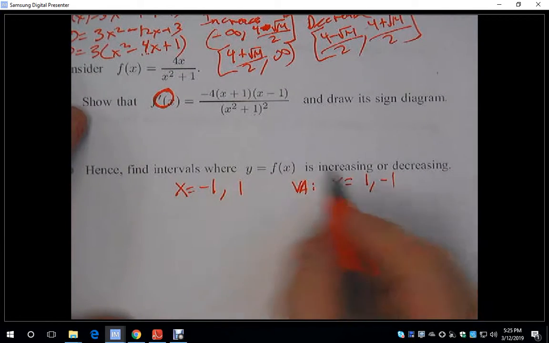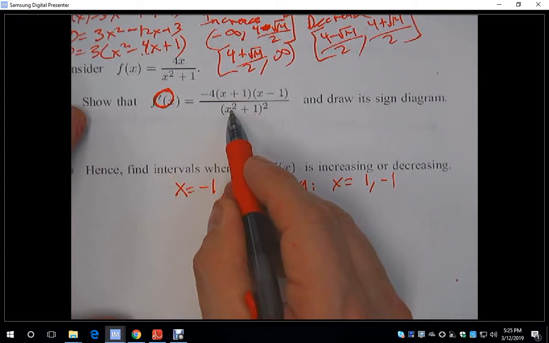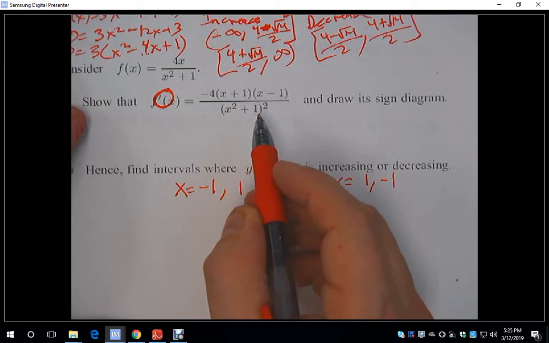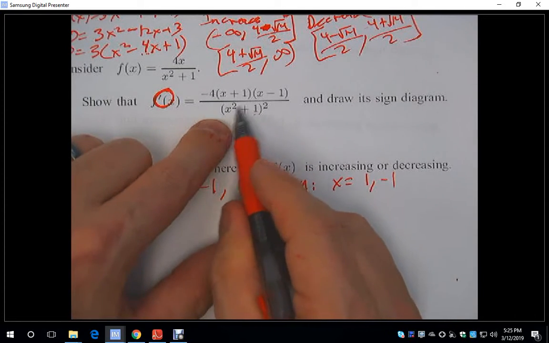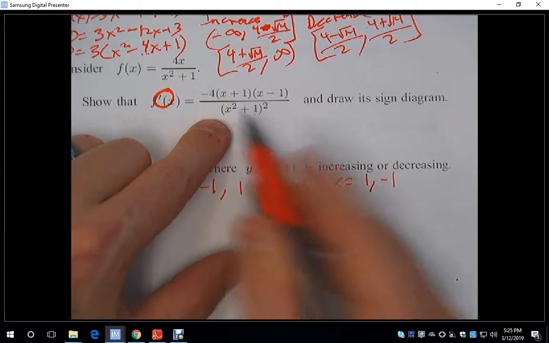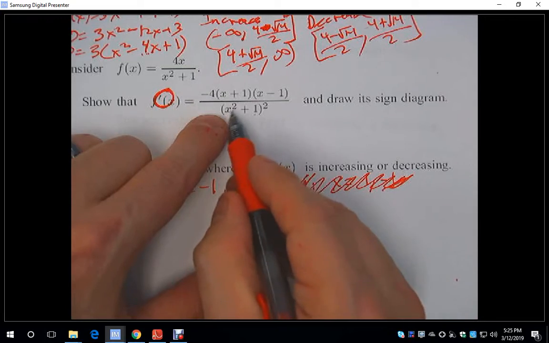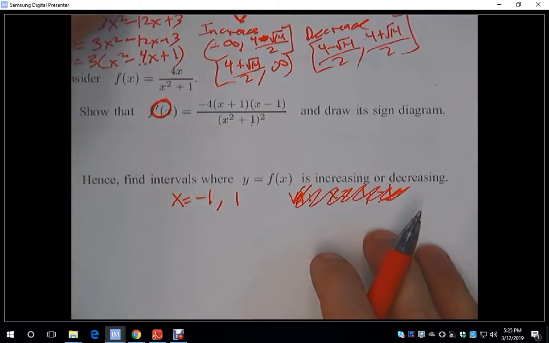Well, -1 squared is -1 times -1, which is a positive 1, and then I have 1 plus 1, which is going to give me 2. So it doesn't look to me like I can get a 0 down here. There's no value I can plug in for x that will give me 0 in the denominator. So there is no vertical asymptote.